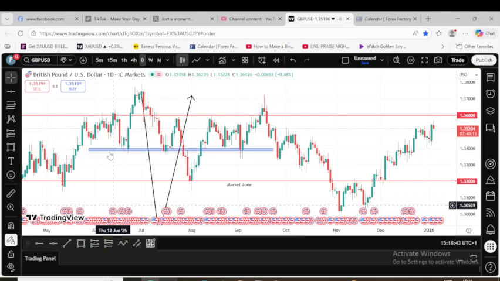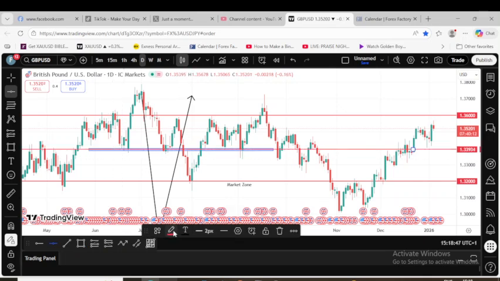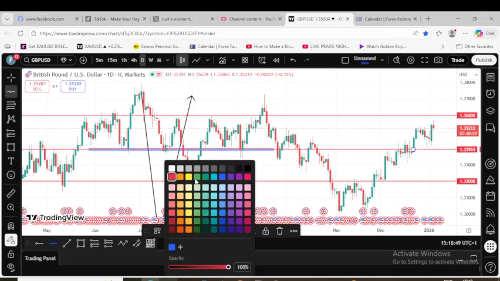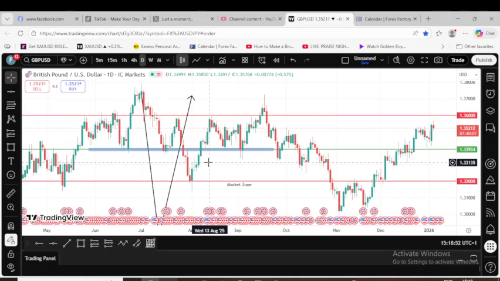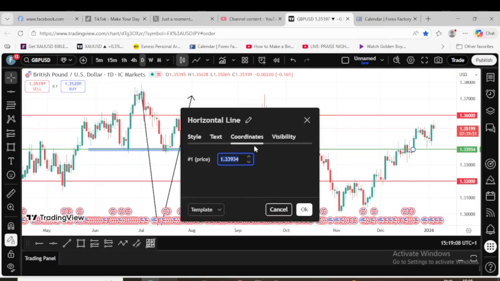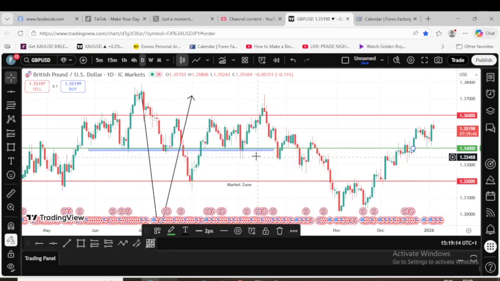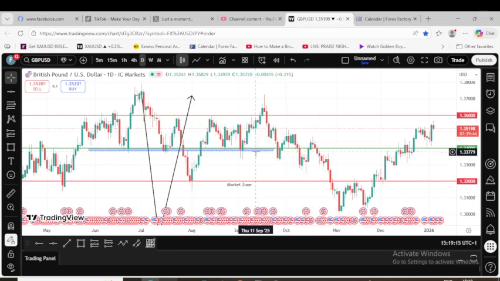After marking out our market zone here, let's make it green, because we're talking about psychological levels now, we will draw a line to fit it. This should be our psychological level. So our psychological level has to be rounded up to the closest whole number, which would be 400. And then we delete this.